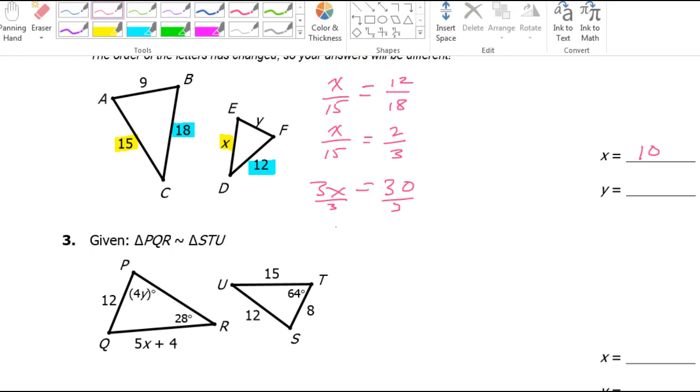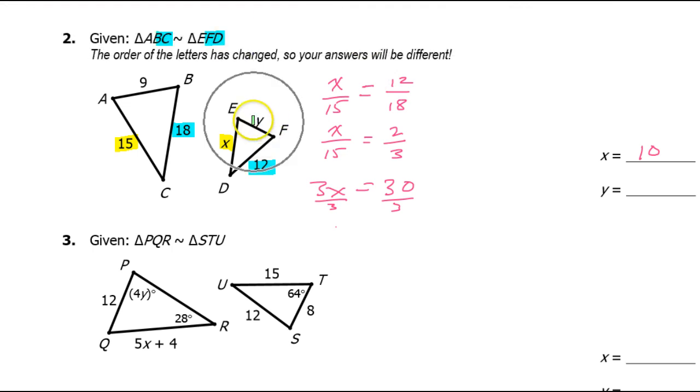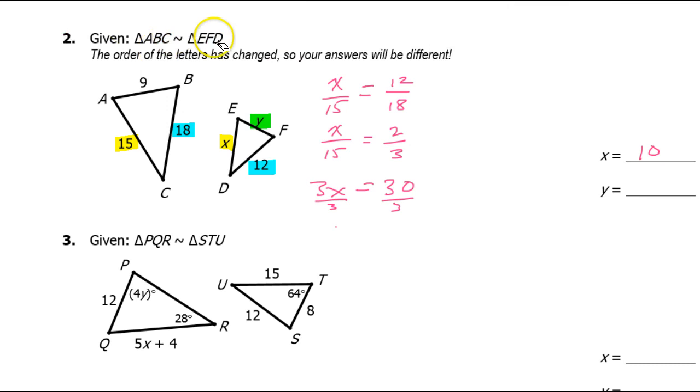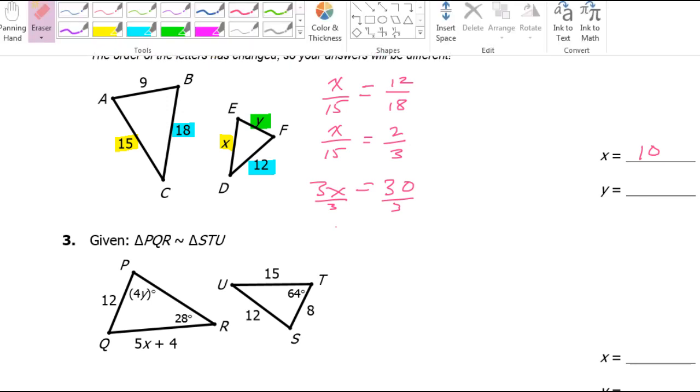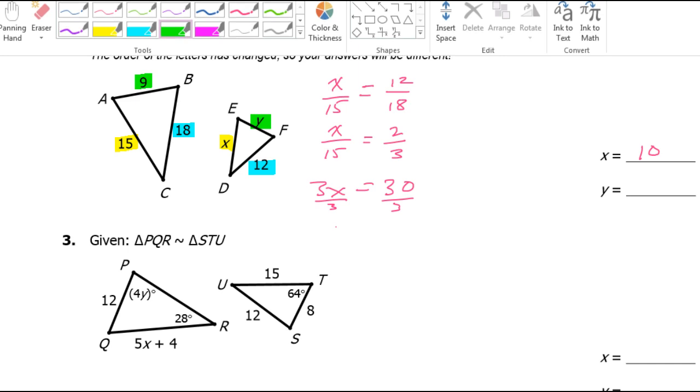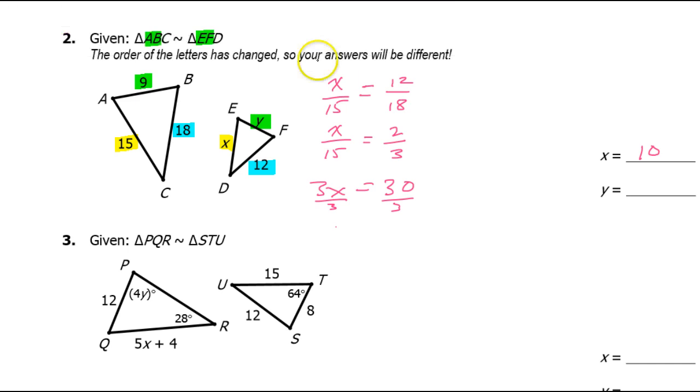Okay, now I need to go back and deal with the y. Y is EF. So here's EF, so that's going to correspond with AB. So now I will make a fraction out of the greens. So that would be y over 9.